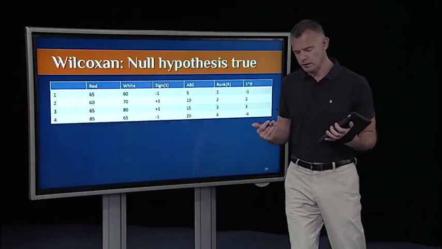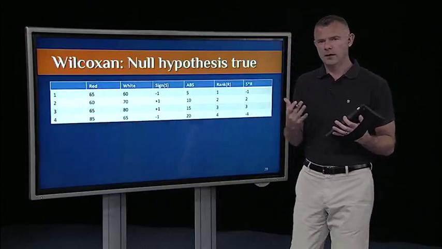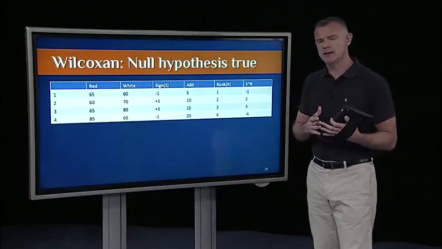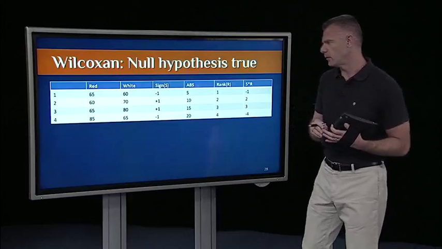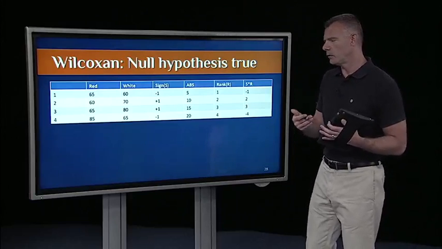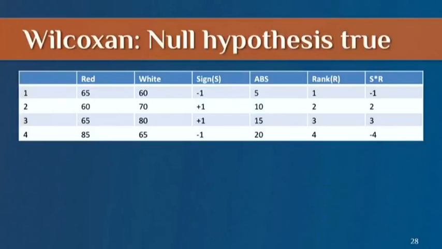So the way this works sounds a little convoluted at first, but let me walk you through 2 quick examples by hand, and I think it becomes rather intuitive. So remember, it's sometimes known as the signed rank test. What that means is, I just listed out a few rankings here, and this is an example where the null hypothesis would be true.